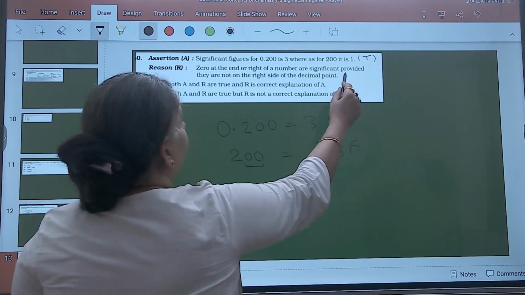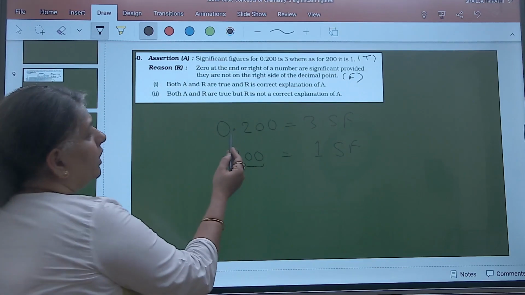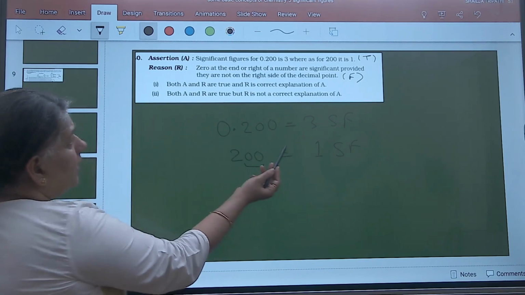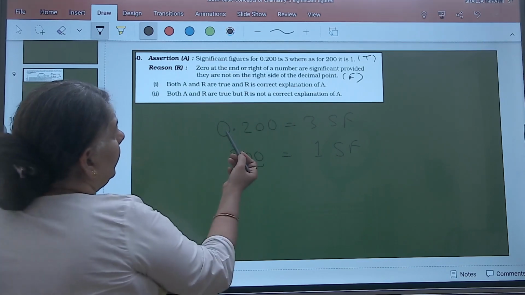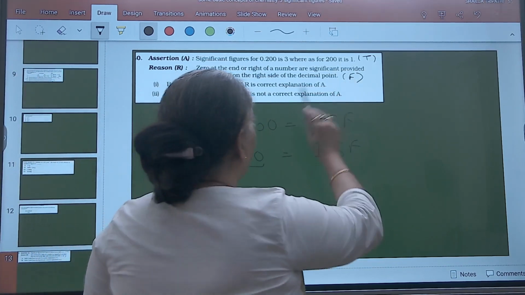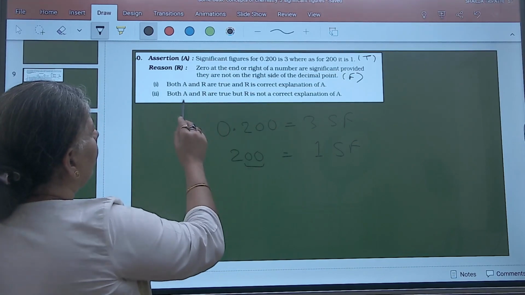So this statement is false, because what we are saying is that zeros at the end or right of a number are significant if they are on the right side of the decimal. So this statement is false. So assertion is true, but reason is false.